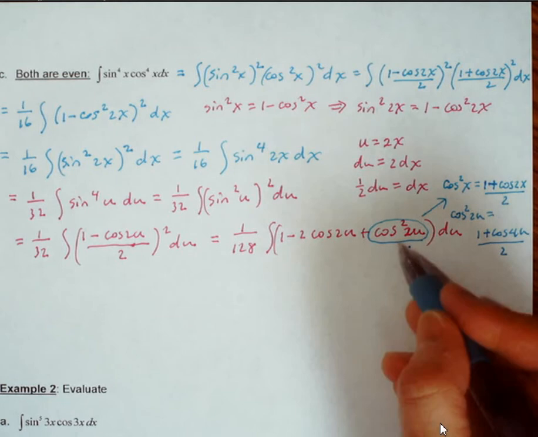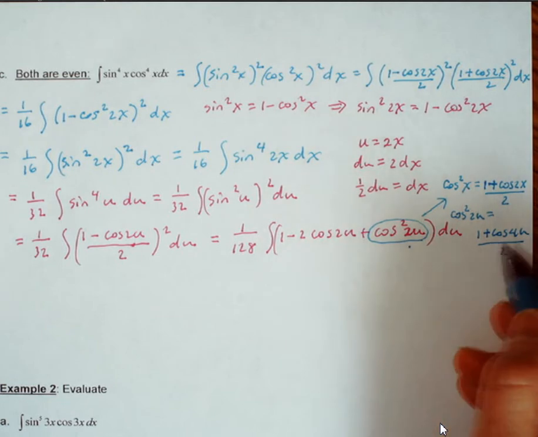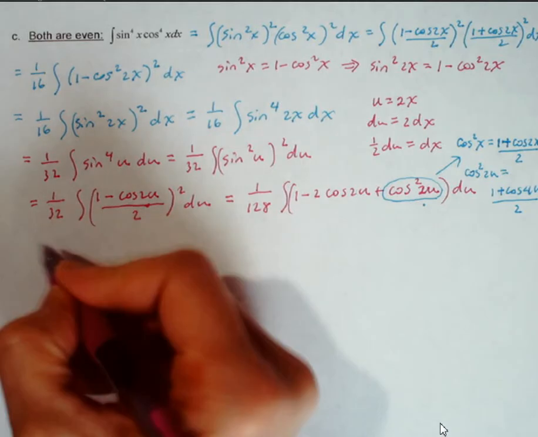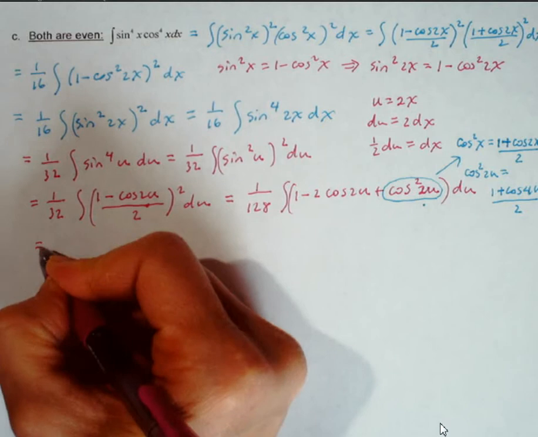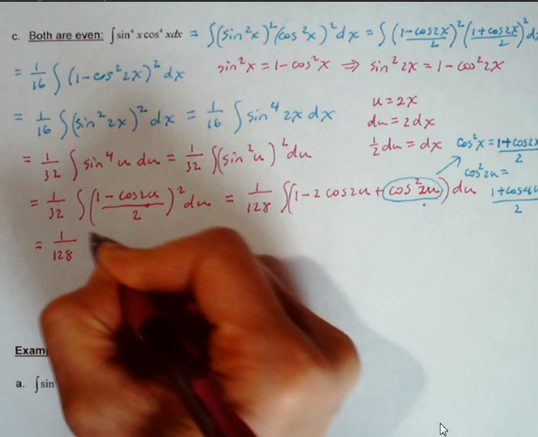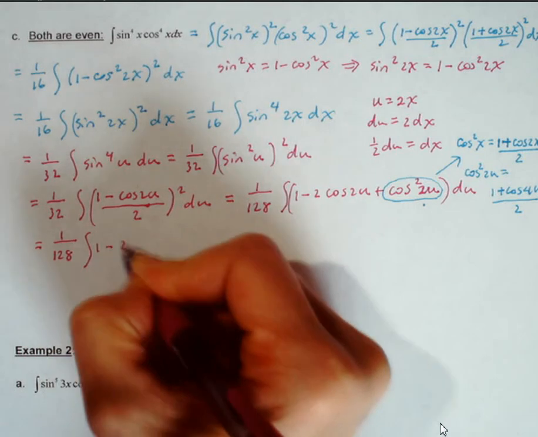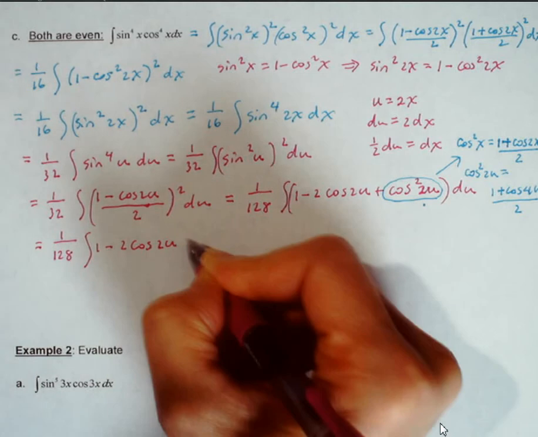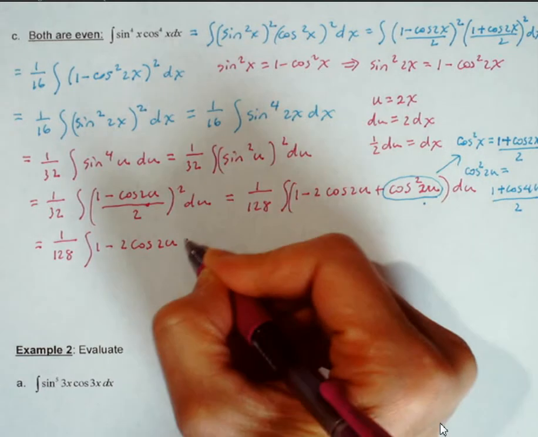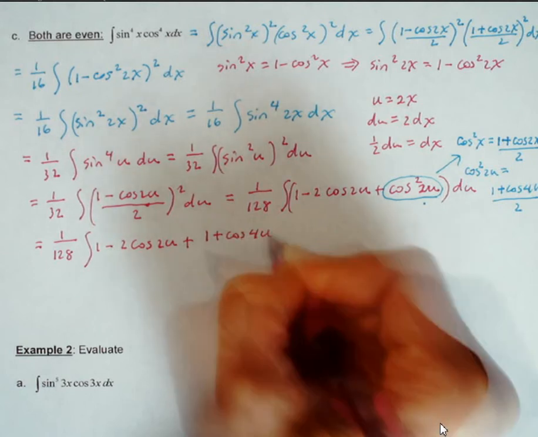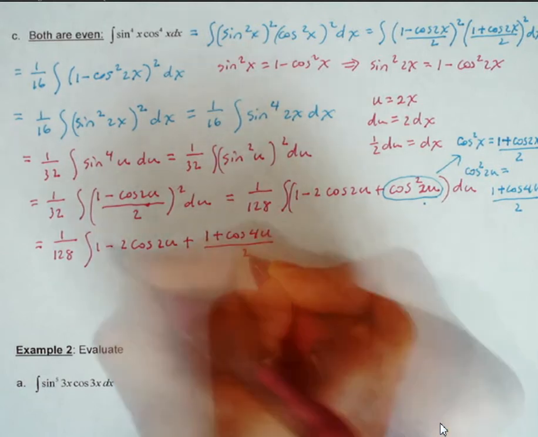In place of that, I'm going to put this 1 plus cosine of 4u divided by 2. So my next line, on this kind of long problem, is going to equal my factor of 1 over 128 times the integral of 1 minus 2 times the cosine of 2u, and then I'm going to rewrite this last one as plus 1 plus cosine of 4u divided by 2, du.